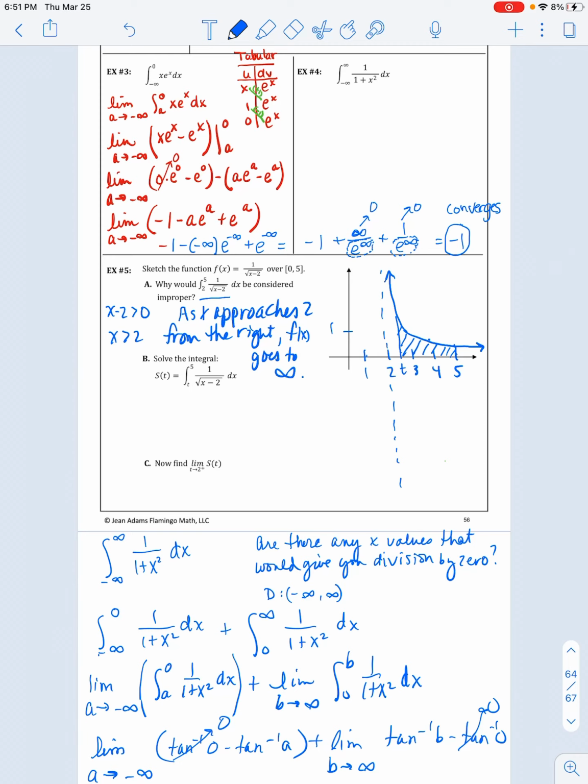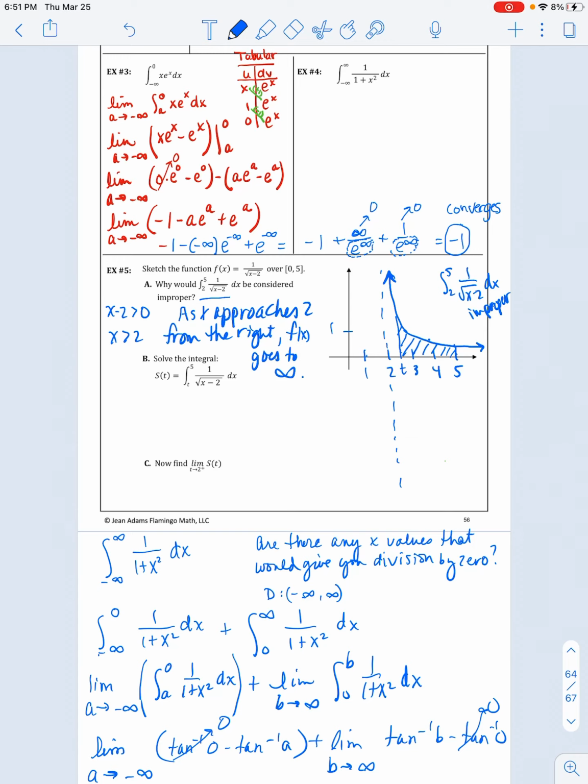That's why, with that vertical asymptote there and the function approaching infinity like that, this integral from 2 to 5 of 1 over square root of x minus 2 dx is improper. Okay, so it is improper.